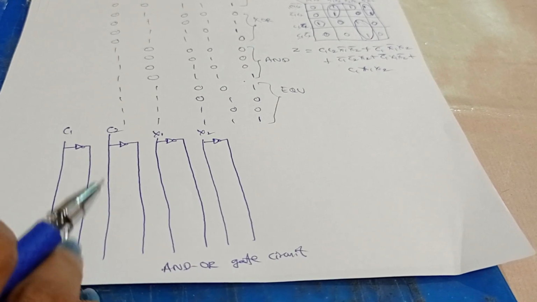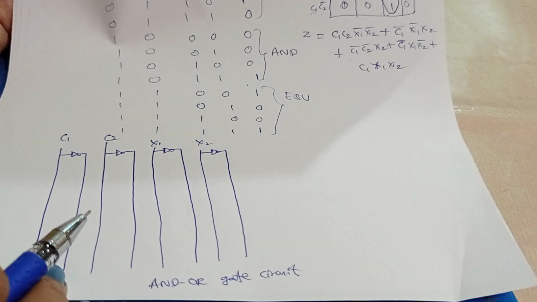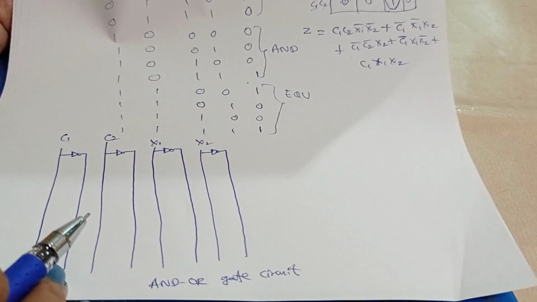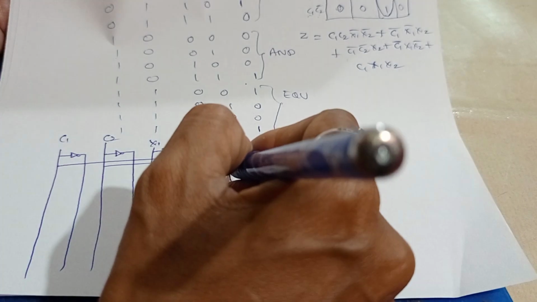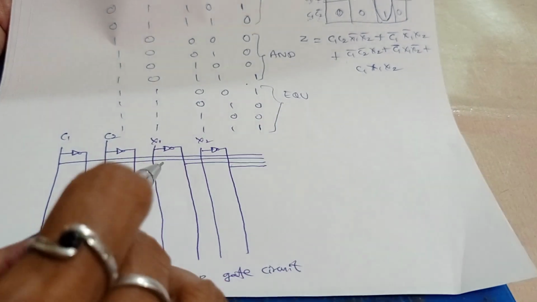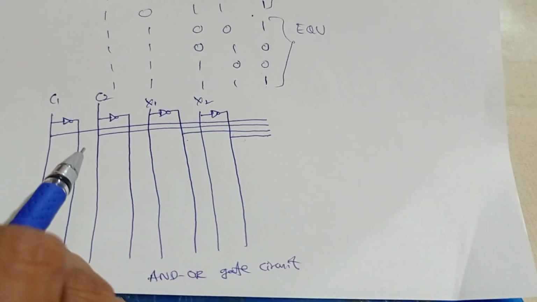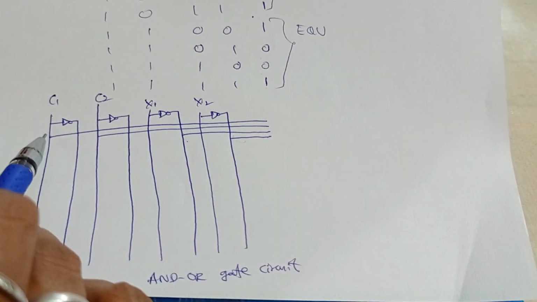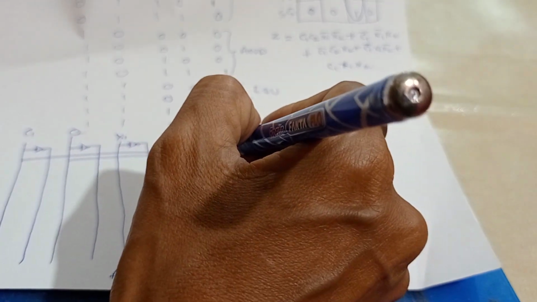What is the expression? Z is equal to C1, C2, X1 bar, X2 bar. From C1, C2, X1 bar, X2 bar, that is taken from NOT. These two, and these two are directly from C1 and C2. Now use an AND gate.